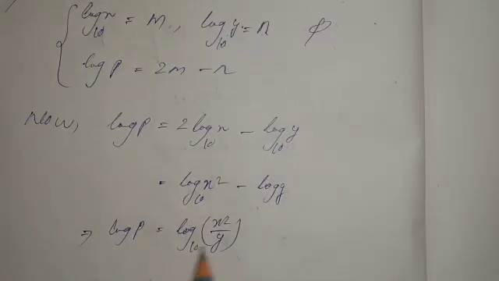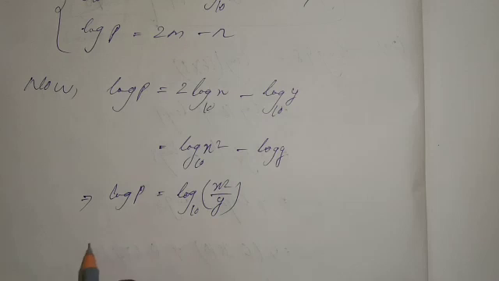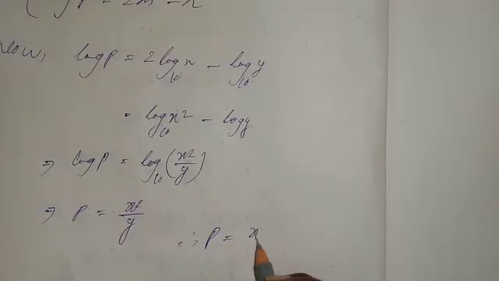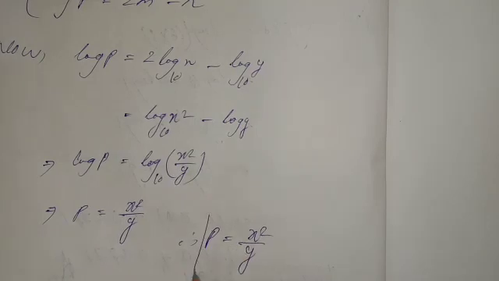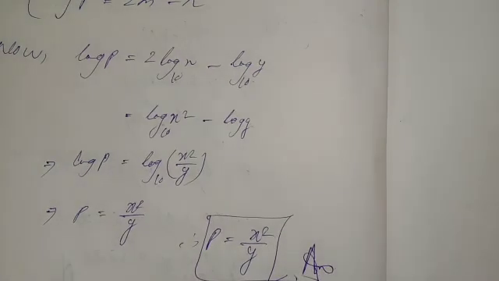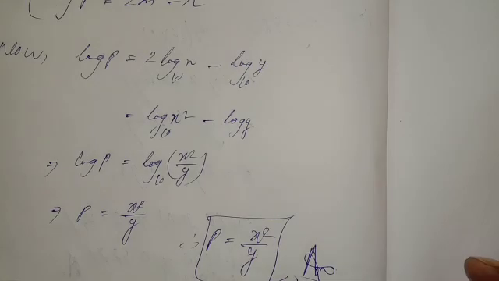Now comparing both sides, p will be x squared by y. Therefore p is equal to x squared by y. In this way, the total exercise is completed.